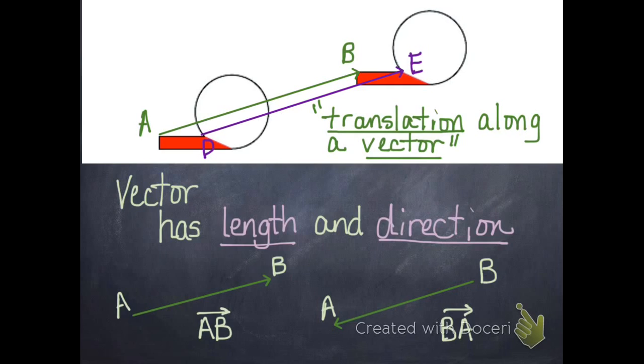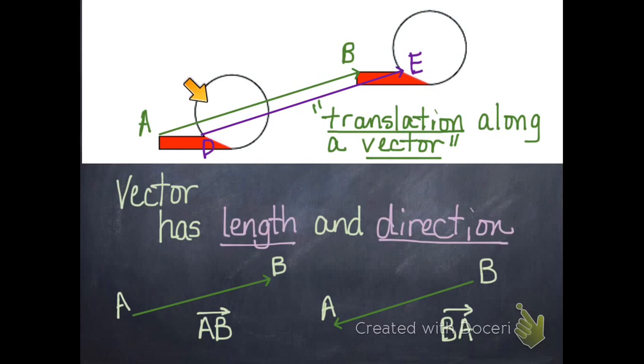Vector DE is a vector that would describe the slide from the figure on the left to the figure on the right. So notice what I've done. I have chosen corresponding points. So this point A corresponds to this point. It's in the same location on my image. So remember, this is my original, and this is what we refer to as the image.